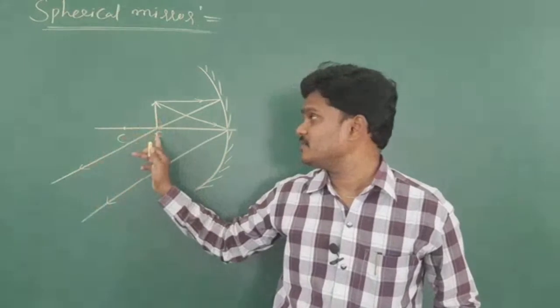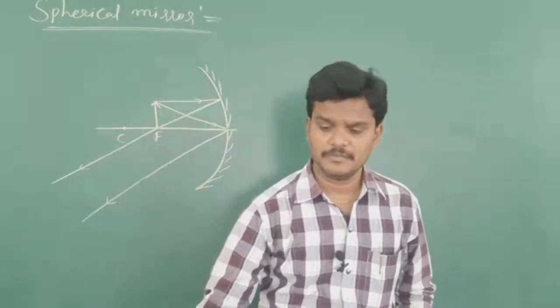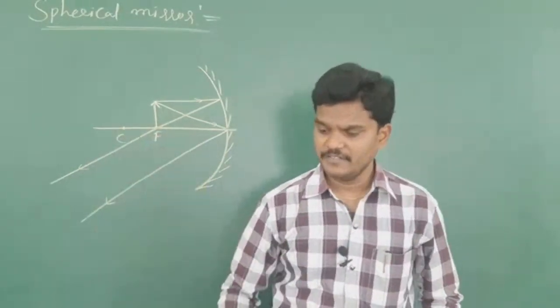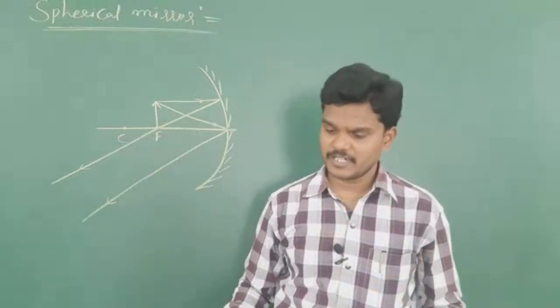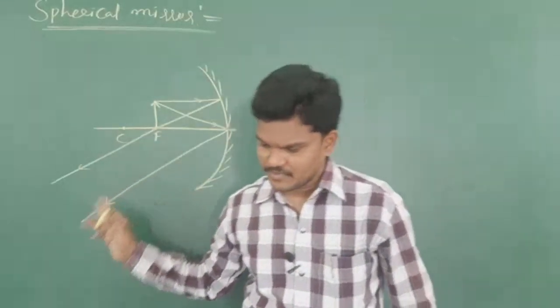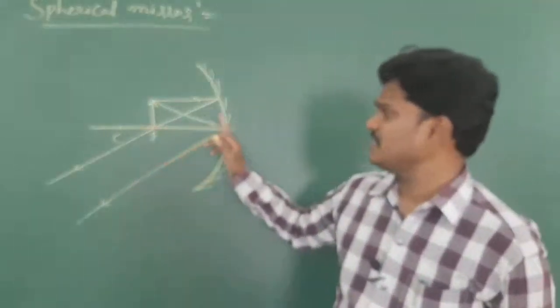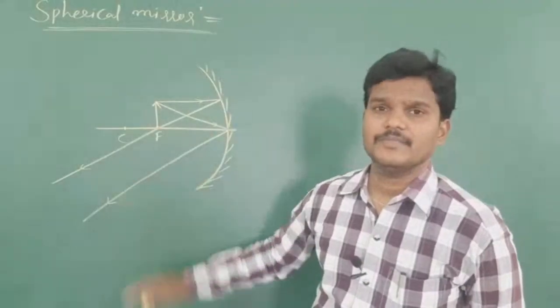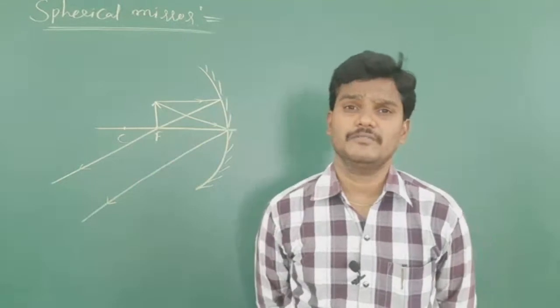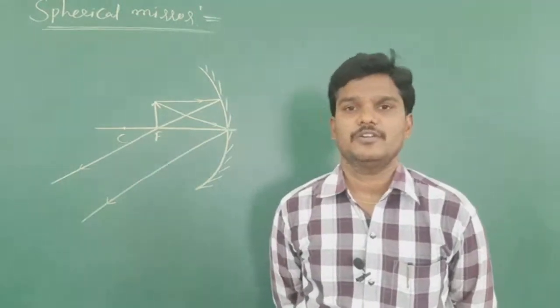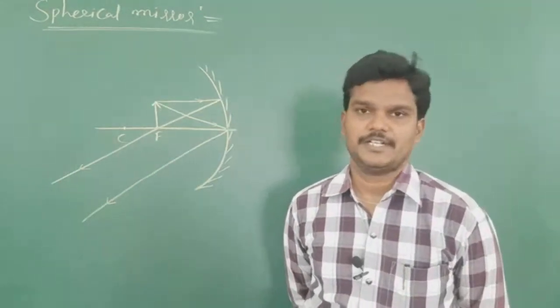If the object is placed at principal focus, image is formed at infinity, real, inverted, and very large. So the nature of image is real, inverted, and very large at infinity.